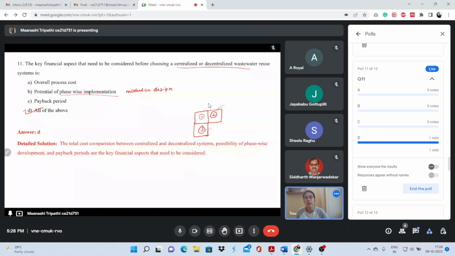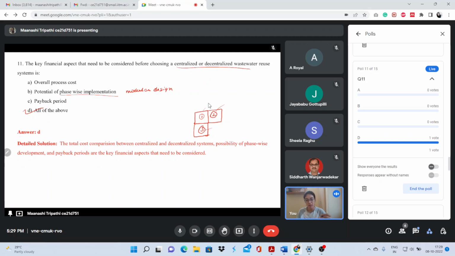What can happen? Could you please answer? What can happen if we are installing a treatment plant? We are projecting population of 50 years, a very high population, and we are installing a treatment plant according to the 50-year projection. But very few people are living in that area for now. What can happen?